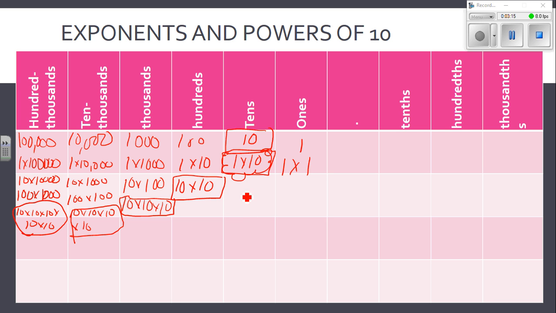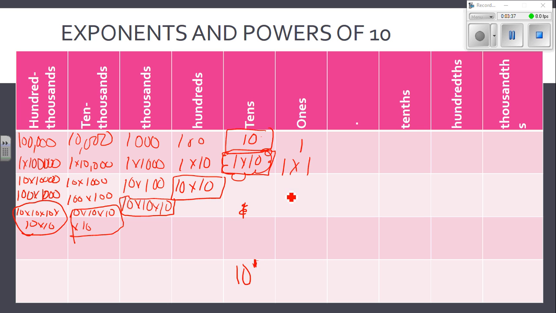So in this case, if I look at this first 10, I'm going to move this down here. How many times did I multiply this 10 to a 10? No times. Or 1 time. Technically 1 time because there's 1 10 there.